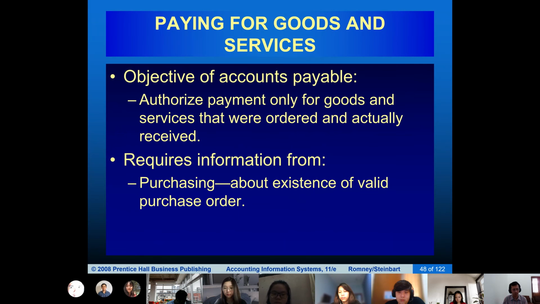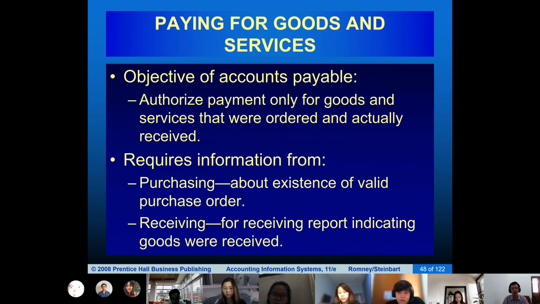The objective of accounts payable, the department that handles the invoice, is to authorize payment only for goods and services that were ordered and actually received. So they need the purchase order and also the receiving report. They compare.